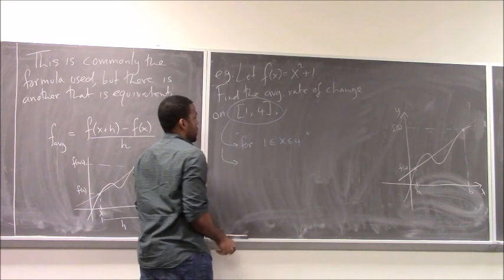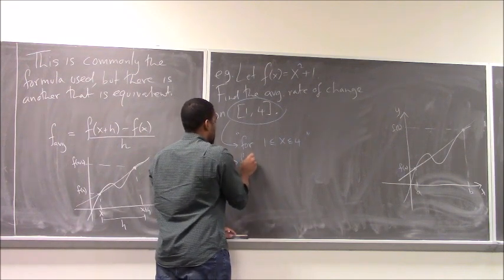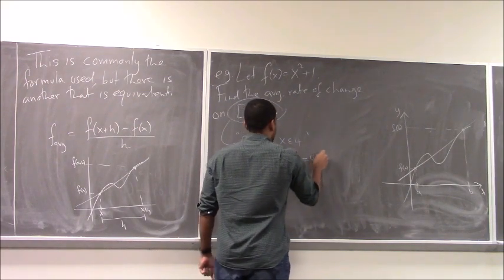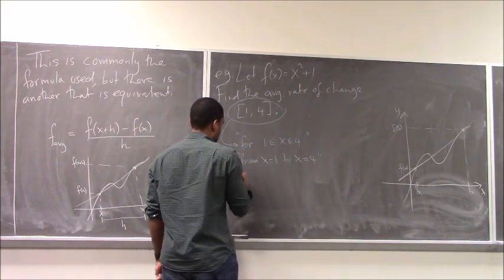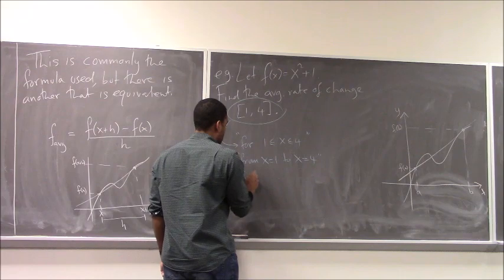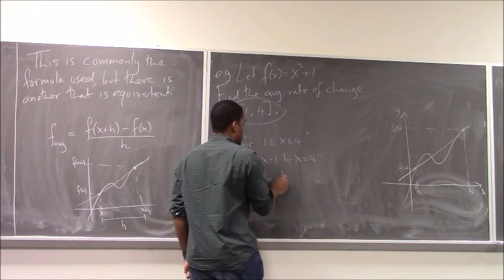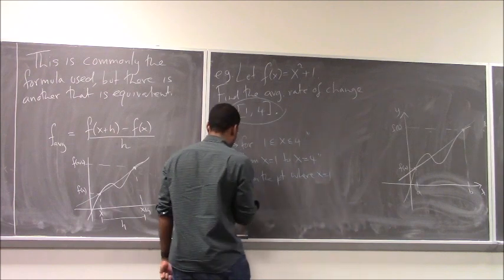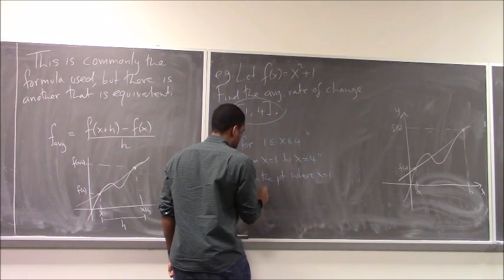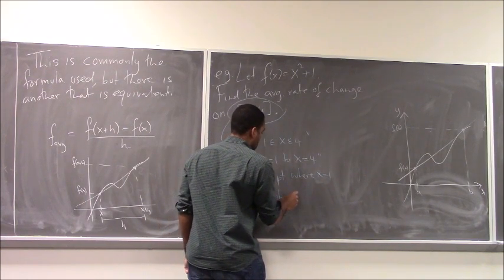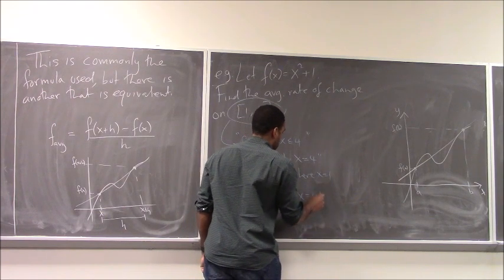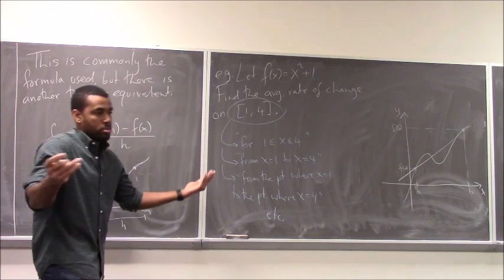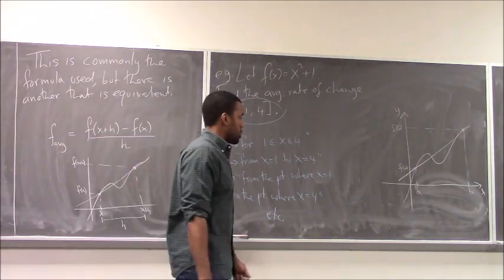Or you can say, from x equals 1 to x equals 4, or something like the point where x equals 1 to the point where x equals 4, etc. But it's exactly the same information, it just might be phrased in a different way, but that shouldn't confuse you.